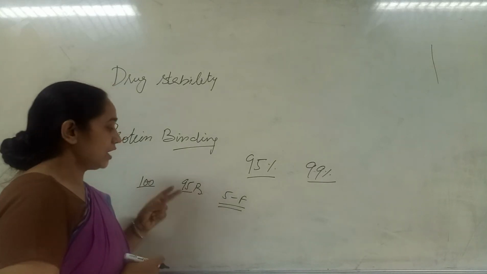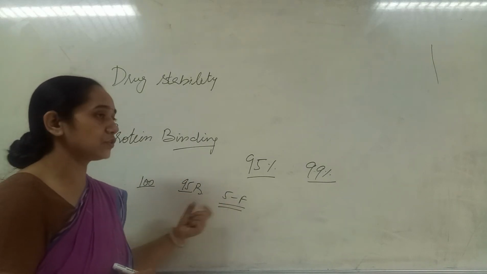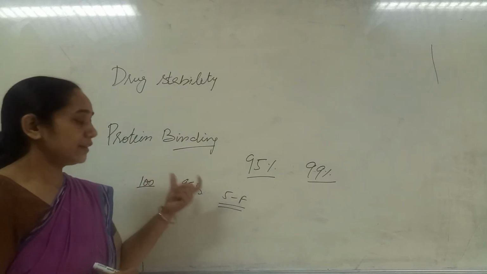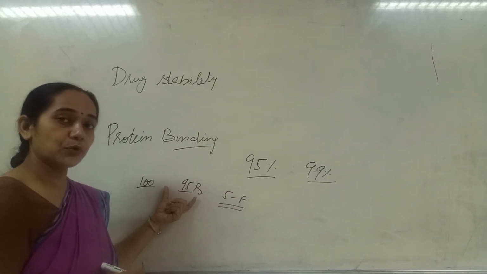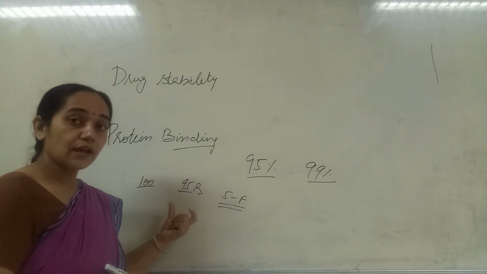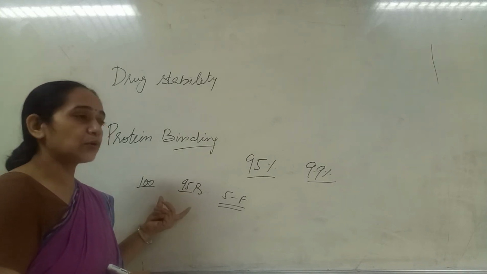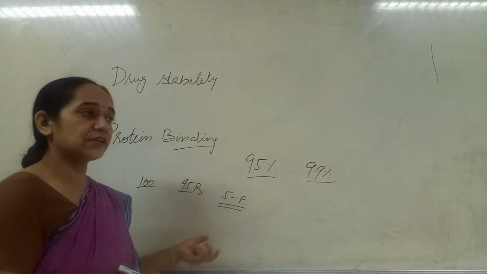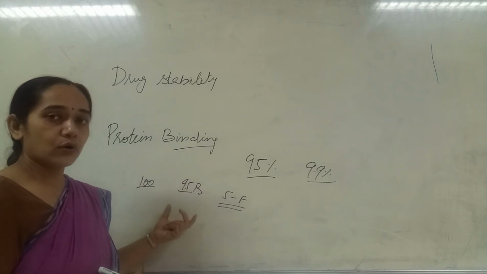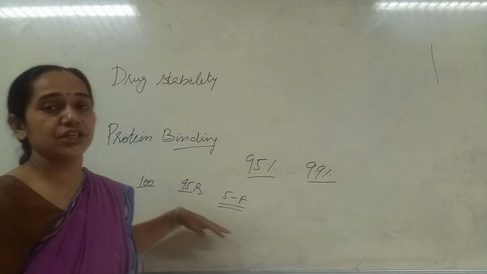After a particular duration, this complex will break down and release a certain amount of the drug. For example, 5% of the total drug is released and 95% is bound. Then out of those 95 molecules, if 5% are released, how much will be left? It will be near about 89%. Then again 5% will be released from that, and it will come towards 83% or so. If we calculate it mathematically, in this way the drug is leaching out and releasing.